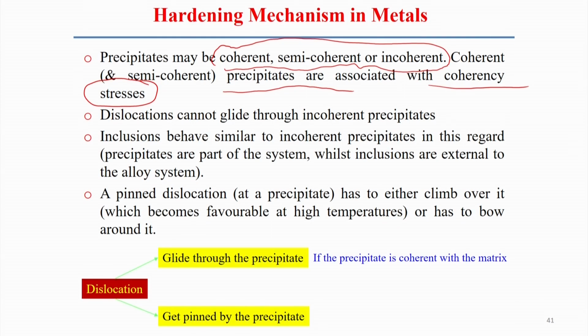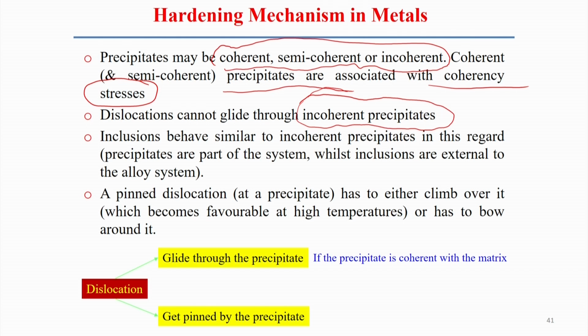So dislocations cannot glide through incoherent precipitates. The gliding mechanism generally cannot happen in the case of incoherent precipitates. But inclusions behave similarly to incoherent precipitates in this regard. Precipitates are part of the system, while inclusions are external to the alloy system.